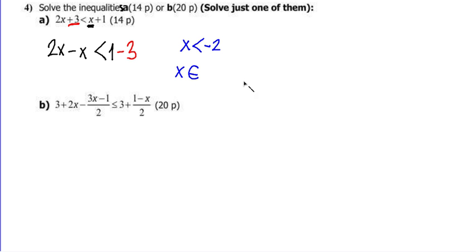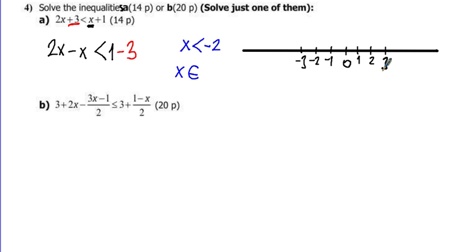Let's draw a number line. Here we have 0, negative 1, negative 2, negative 3, 1, 2, 3. Enough. x less than minus 2. It doesn't say less or equal to.